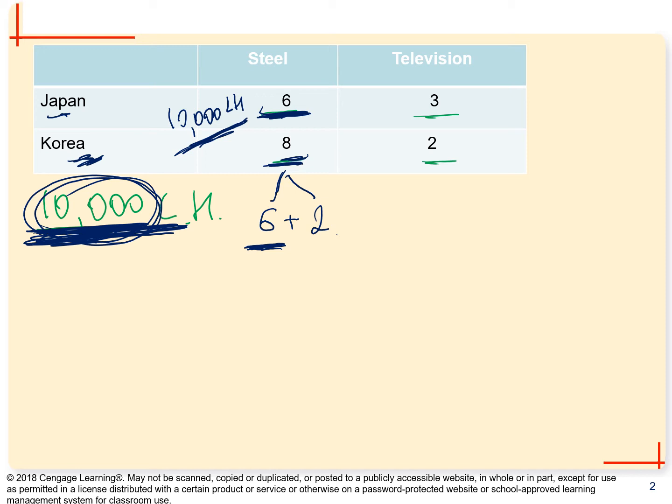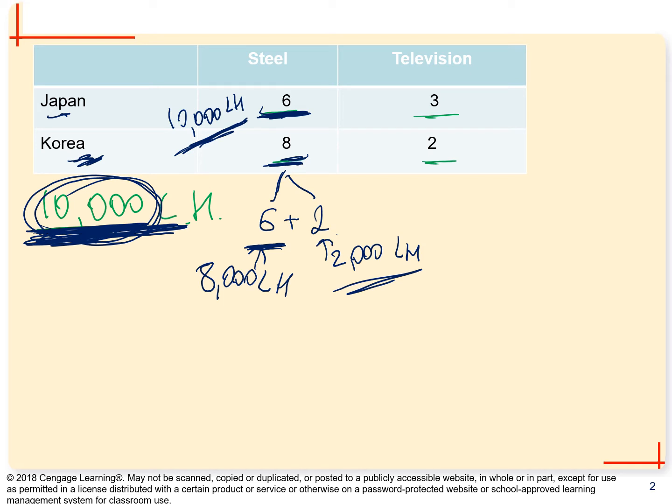So therefore, let's suppose, random number, Korea is going to spend 8,000 labor hours on producing 6 units of steel. Therefore, we have left 2,000 labor hours for producing these last 2 units of steel.